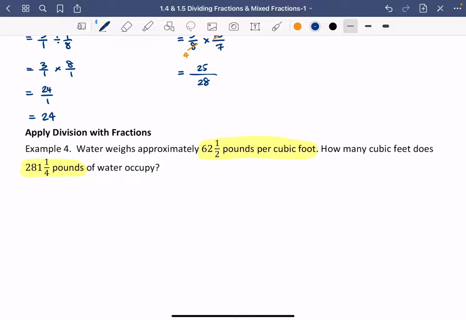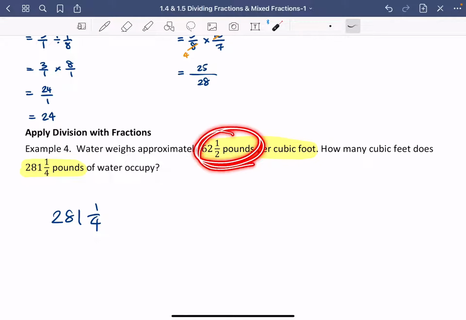Well, in total, we have this much water, and each 62.5 pounds is equal to 1 cubic foot. And we are looking for how many 62.5 pounds there are.